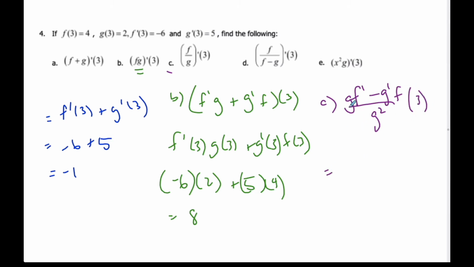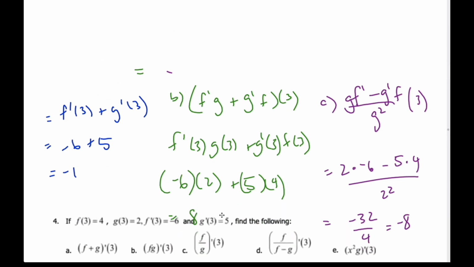And so I know g at 3 is 2 times f prime at 3 is -6. Subtract g prime is 5 and f is 4, over g squared, so that's going to be 2 squared. So I get -12, subtract 20 is -32 over 4, which is -8.